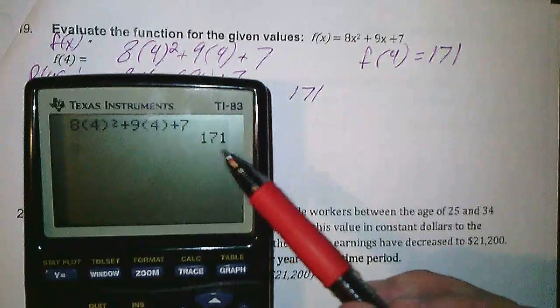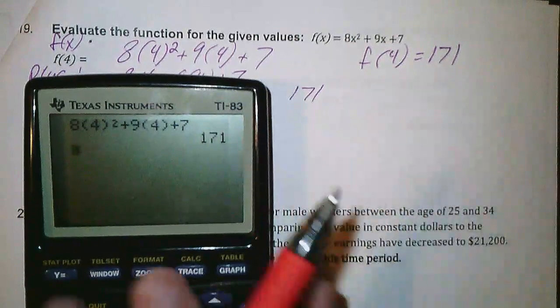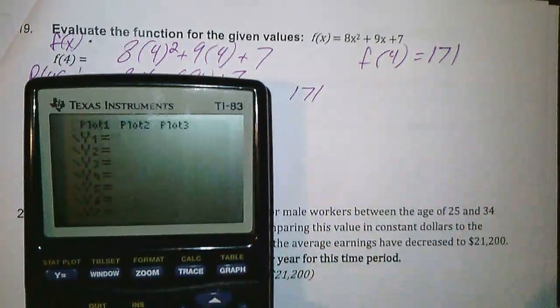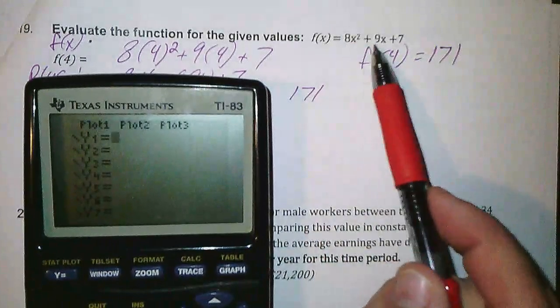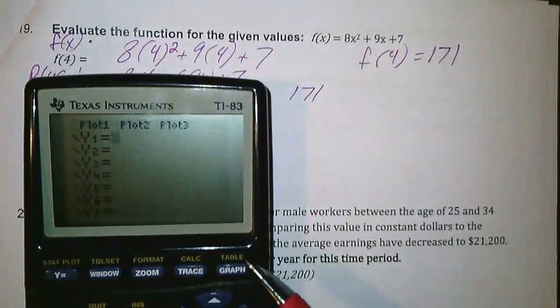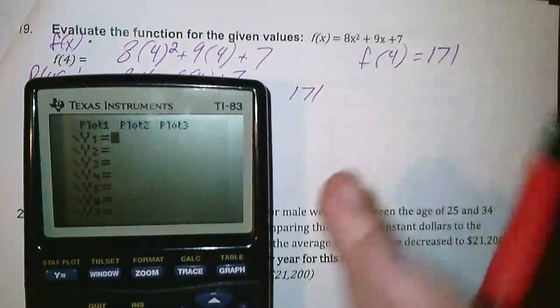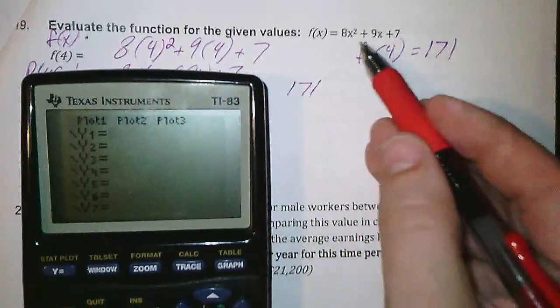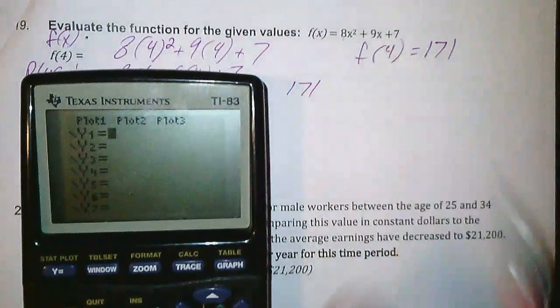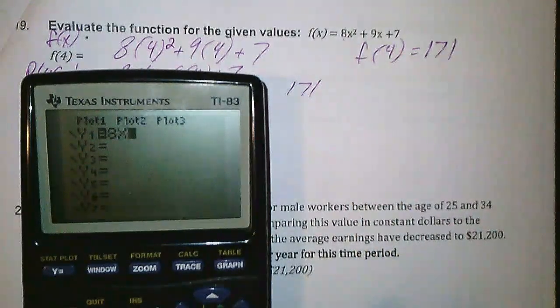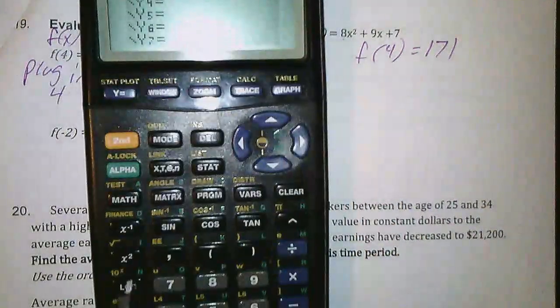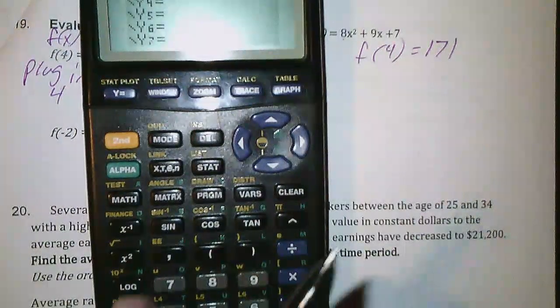And we could get our answer. We could also type the function into y1 and go to the table. And that's maybe the safest way to do it if you're worried about this problem. So do 8x, to square something, there's the squared button.